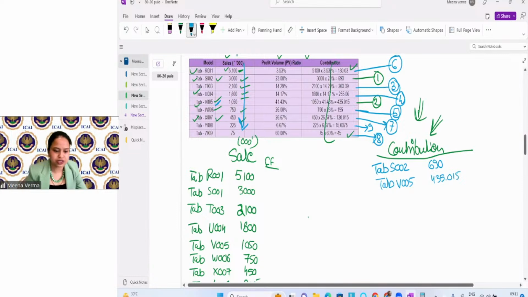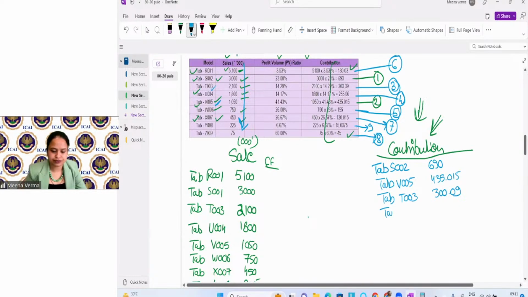After that, the third highest will be Tab T003, with 300.09.